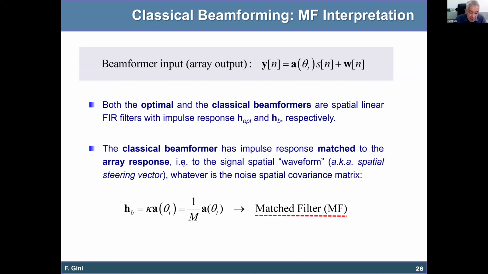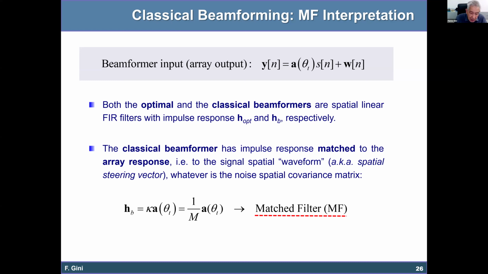So the classical beamformer is proportional to A, the array response. Again, the constant is immaterial. When we derived it, the constant was set equal to 1 over m, but you can put any value in place of 1 over m. So the classical beamformer is nothing but the matched filter.